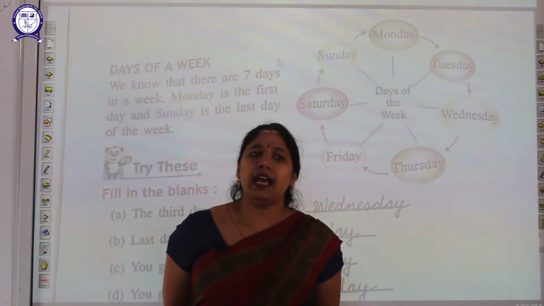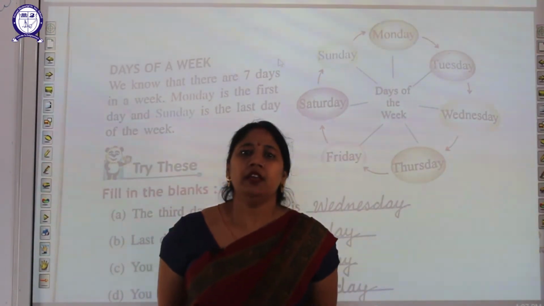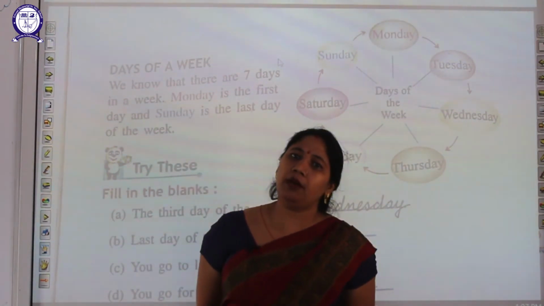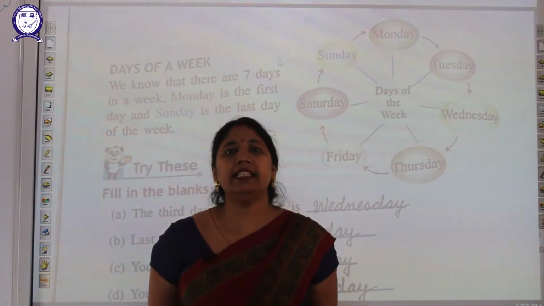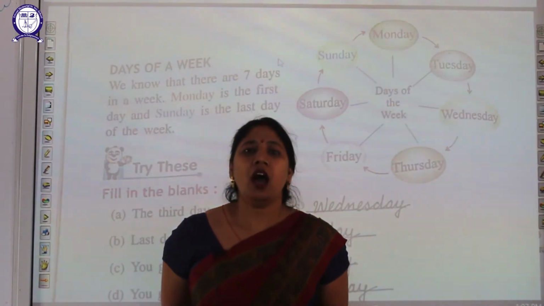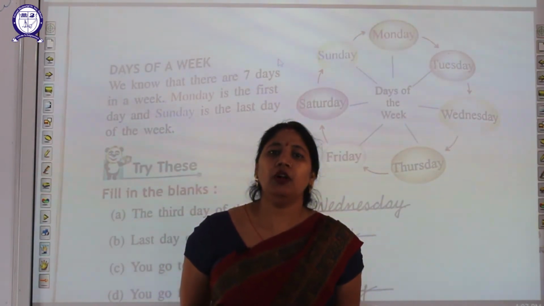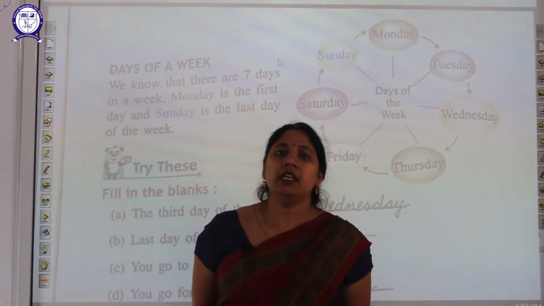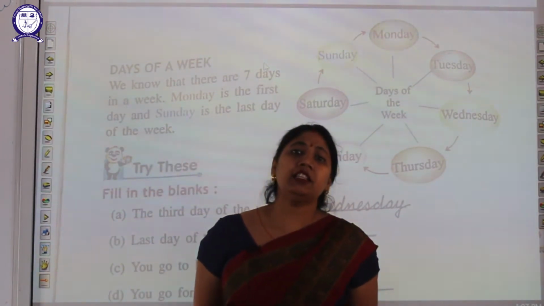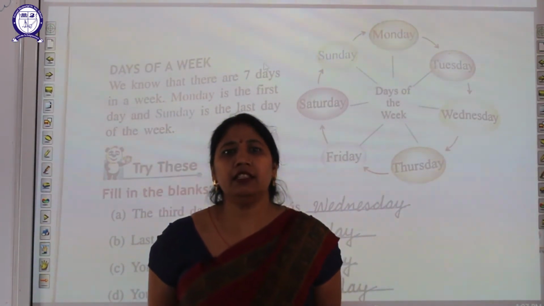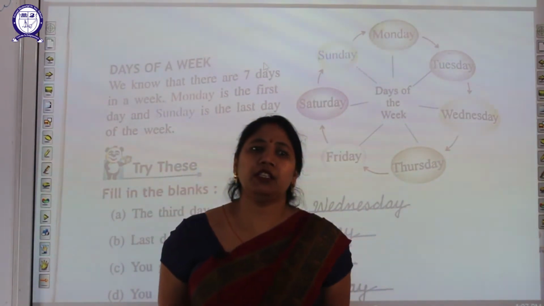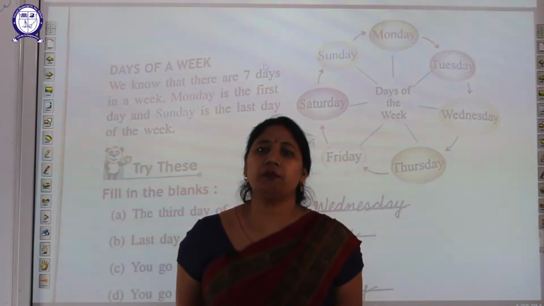When the hour hand is between 2 numbers and the longer hand is at 6, halfway, the time is half past or 30 minutes past. And the third is when the minute hand is at 3 and the hour hand is nearby any number, so the time is quarter past or 15 minutes past.